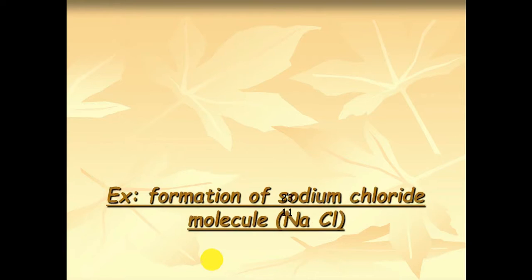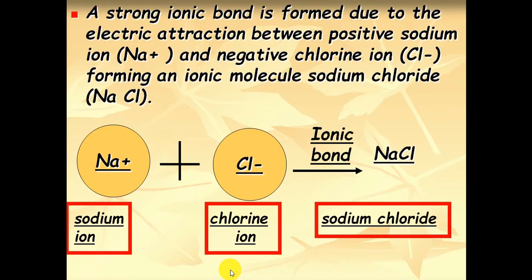Okay, so we will learn about the ionic bond between the sodium ion and the chlorine ion. A strong ionic bond is formed due to the electric attraction, as we said, between the positive charge and the negative charge. We said positive and negative attract.